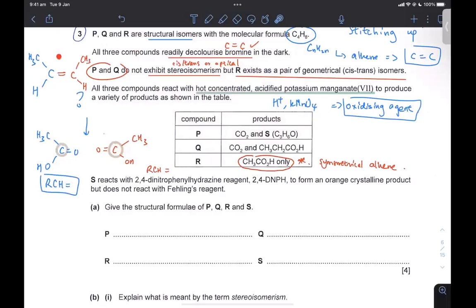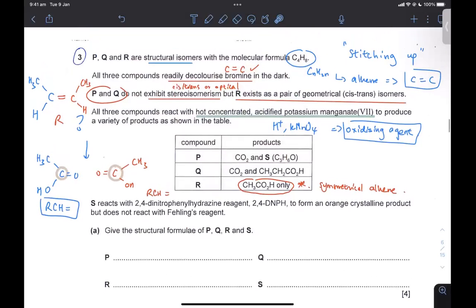Then you check back: when I break this RCH double bond, I get a 2-carbon carboxylic acid. So this must be compound R, because that is the alkene that you cleave, oxidizing extremely under hot concentrated acidified permanganate, and you get the same product, ethanoic acid.